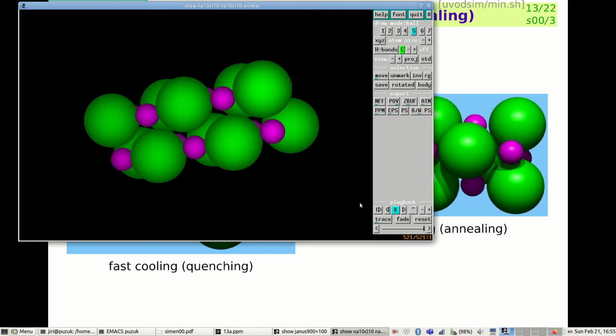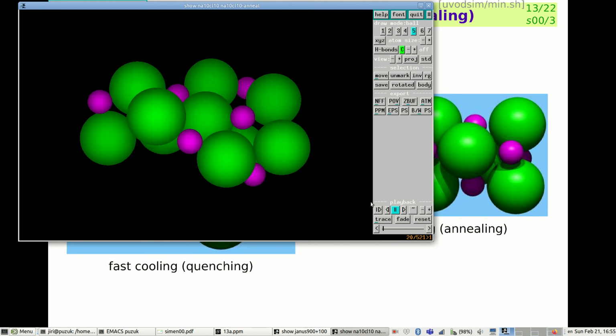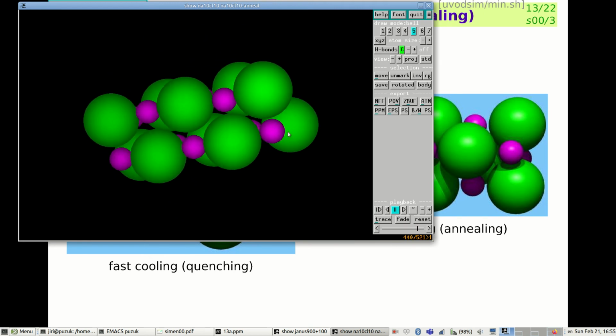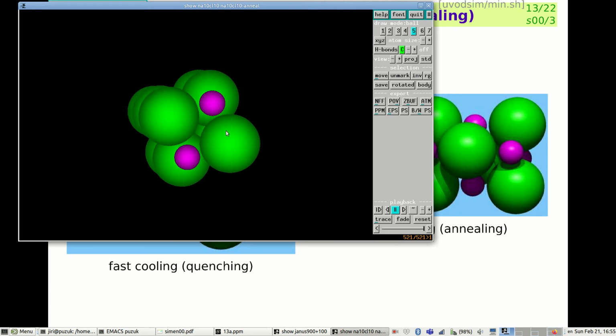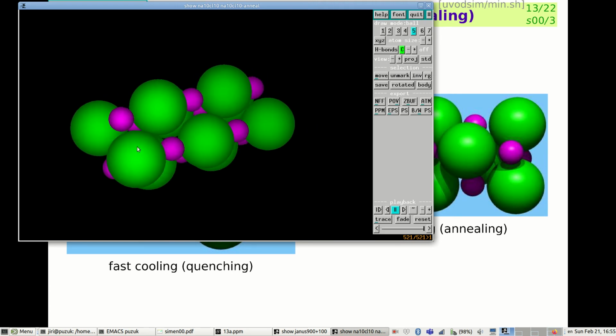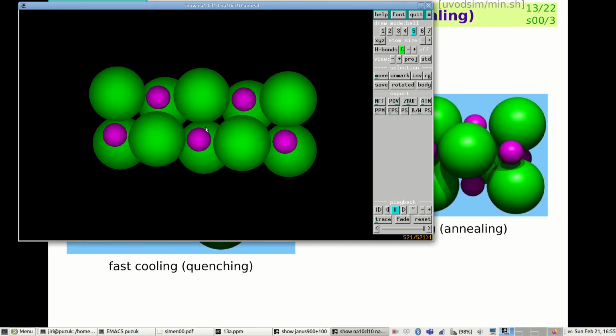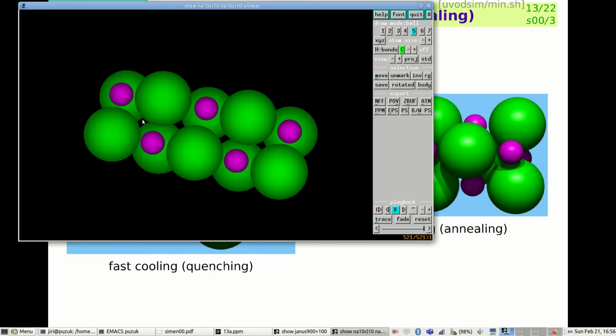Essentially, here I will show this again. I started with something random, and in the end I obtained something that is very close to ideal crystal. It is elongated, but still it has cubic structure. This is called simulated annealing.